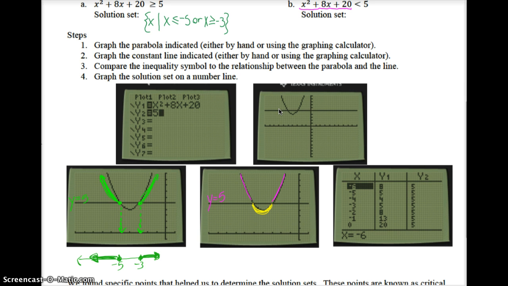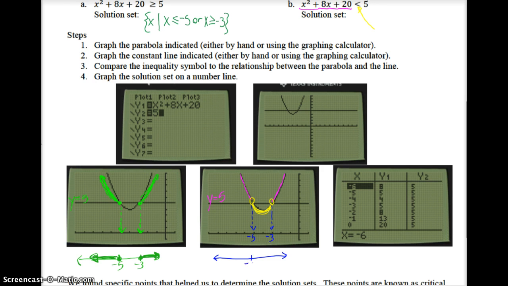Now notice that this time our inequality is a less than, but it doesn't have the or equal to. So instead of having solid, we're going to have open circles right here. And when we graph this on our number line, because these are the same parabola, the left-hand side and the right-hand side, we're still at -5 and -3.